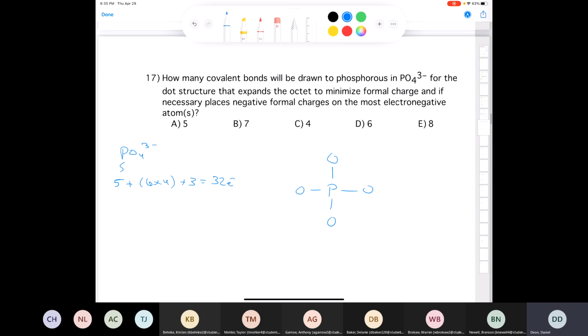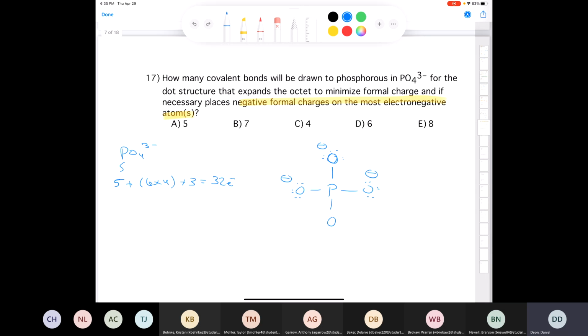Now it's telling us that we're going to put the negative charges on the most electronegative atoms. Oxygen is much more electronegative than phosphorus. And so how do we have a negative charge on an oxygen? It's when the oxygen has a single bond and 3 lone pairs. So if we draw this, then we have a negative charge here, negative charge here, negative charge here, and we need a 3-.